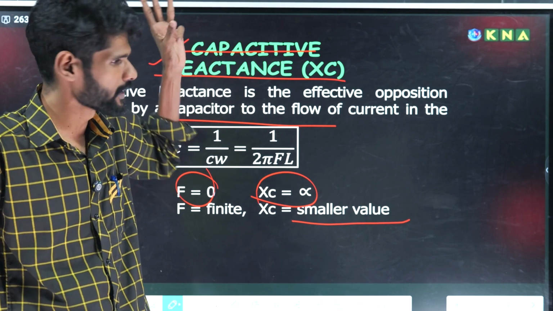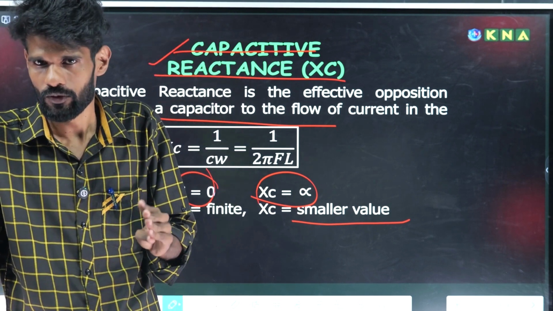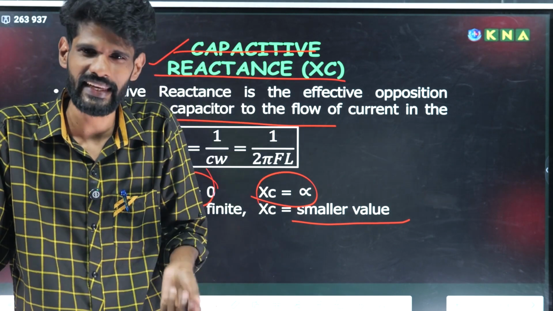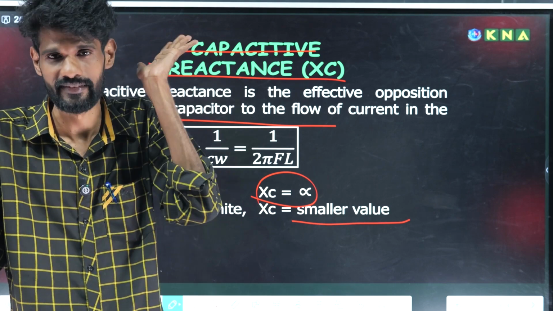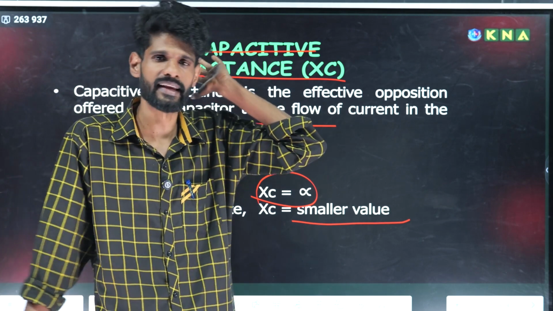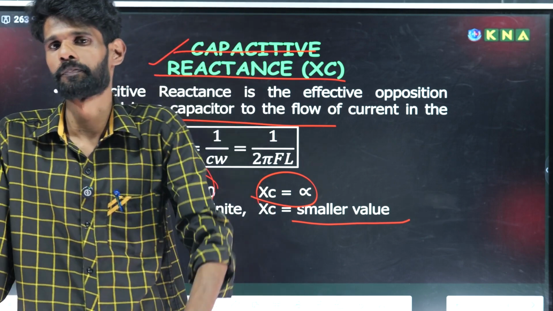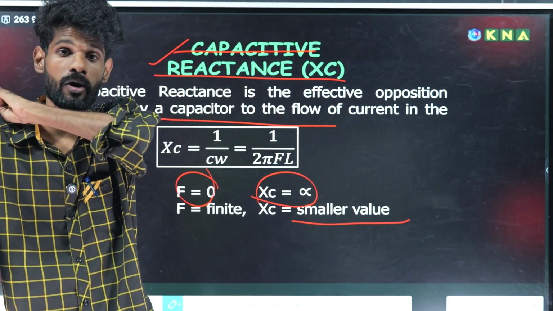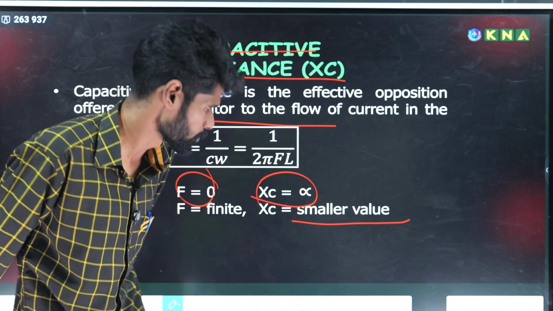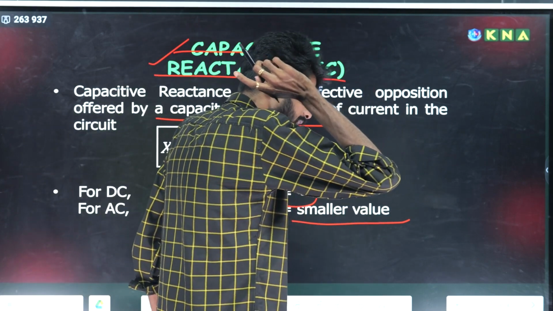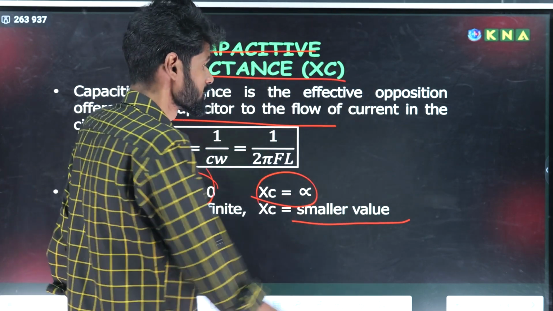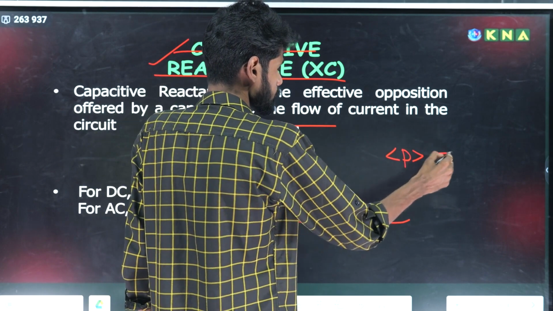So in a pure capacitor or a pure inductor, only reactance comes, no resistance. Reactance arises only in an AC circuit, and with a pure reactance, there is no power dissipation. For a pure AC resistive circuit, the average power is not equal to 0.